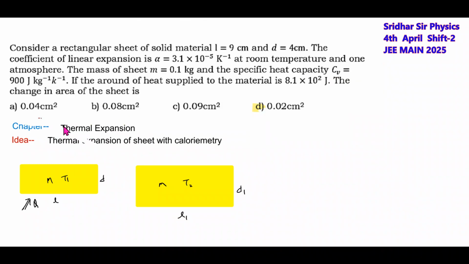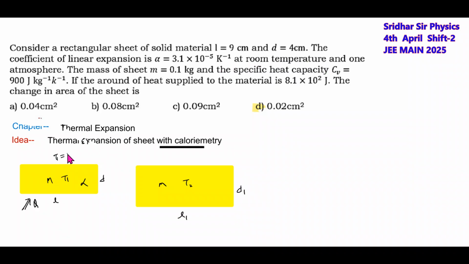There's a question based on the chapter thermal expansion, the thermal expansion of a sheet with calorimetry. Small idea. Consider a rectangular sheet of solid material, length L and width D, with given dimensions in centimeters. So these are the dimensions of the sheet. The coefficient of linear expansion is alpha. At room temperature, what is the initial temperature?